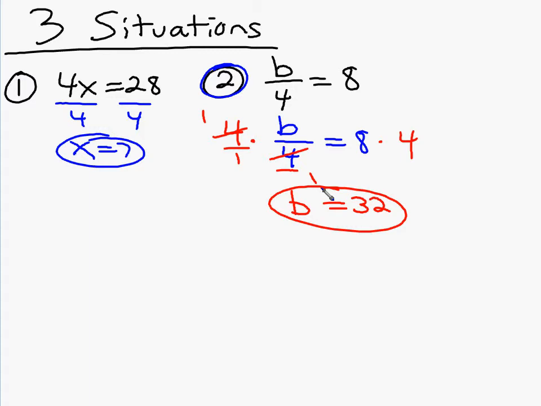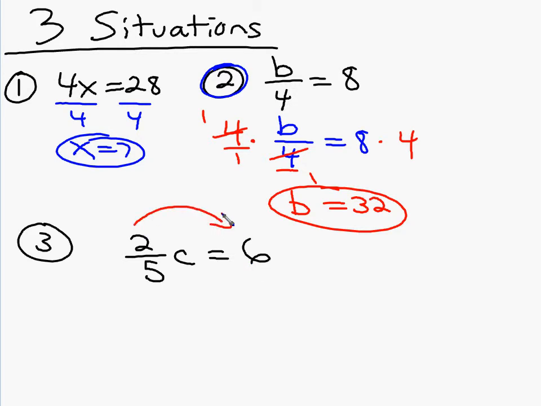What is the third situation? It is one like this. Situation 3 is one like this. 2/5 c equals 6. This is the third situation that we will run into. And again, we're thinking, okay, I need to move this 2/5 over here.